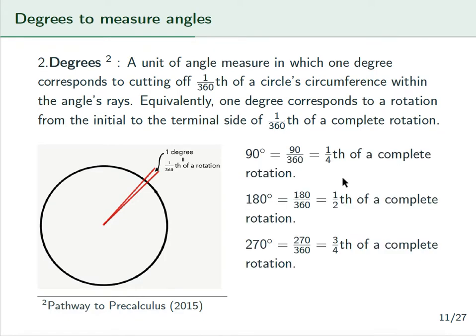So 90 degrees means 90 over 360, so 90 degrees is 1/4 of a complete rotation. And 180 degrees means we have 180 slices out of a total of 360 slices, so 1/2 of a complete rotation, and 270 will be 3/4 of a complete rotation. So in degrees, we're dividing the entire circle into 360 equal pieces.